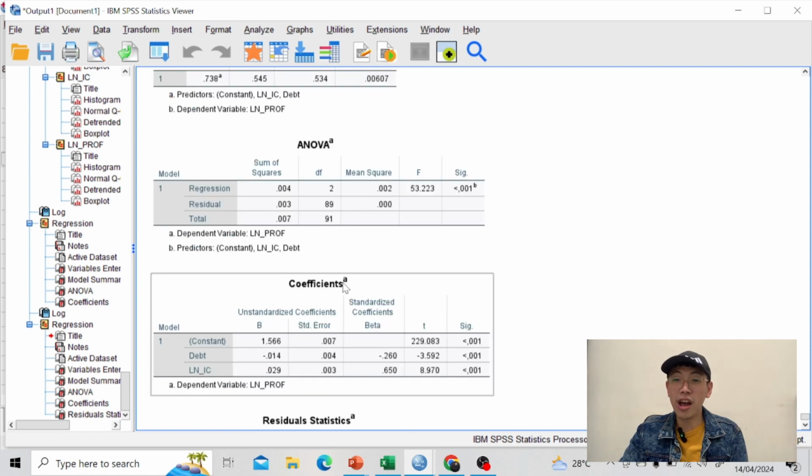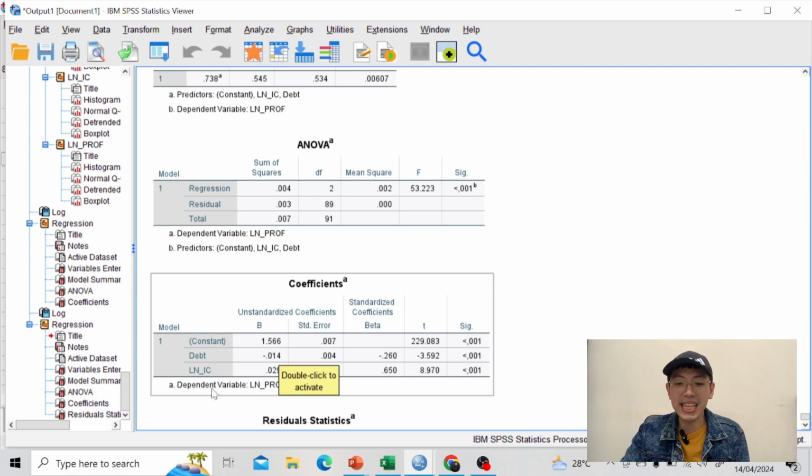The last one is the coefficient one. It is for the t-test. We want to know the partial effect for each independent variable to dependent variable. We can see here the sig for debt is less than 0.001. It means debt affects profitability. And the coefficient here is negative, so we can know that debt affects profitability negatively.